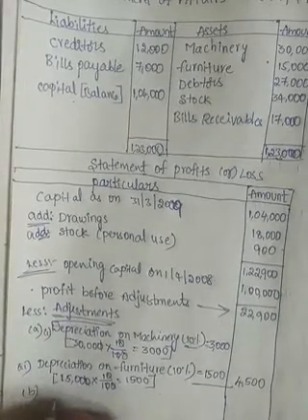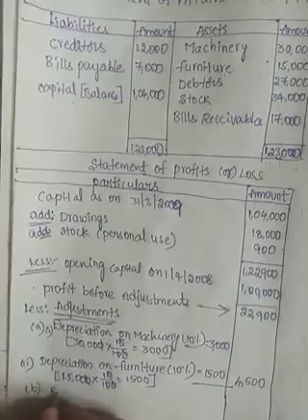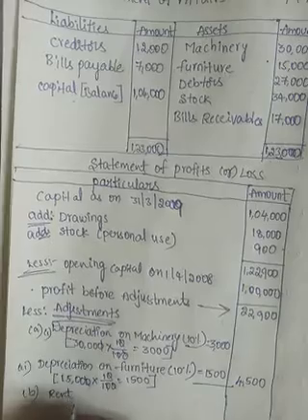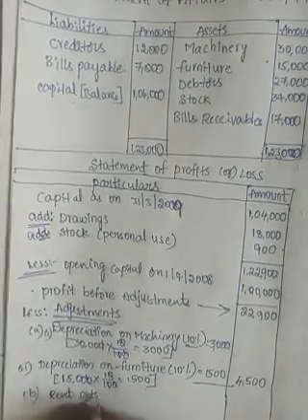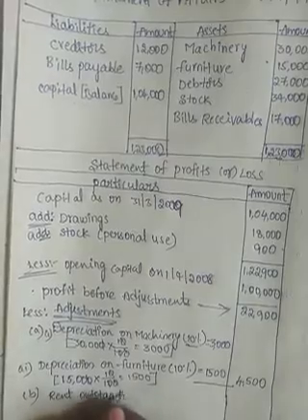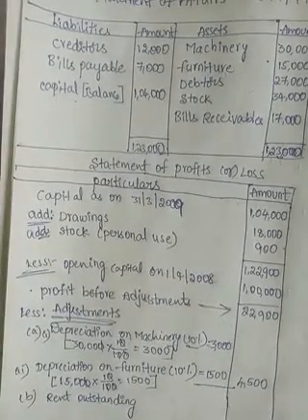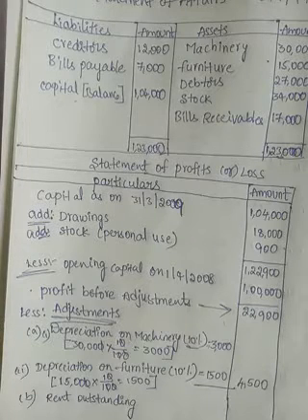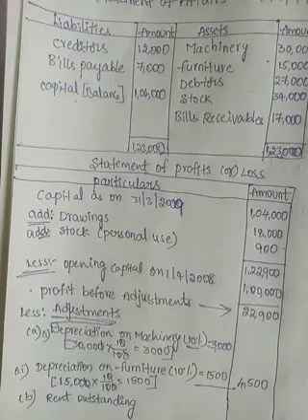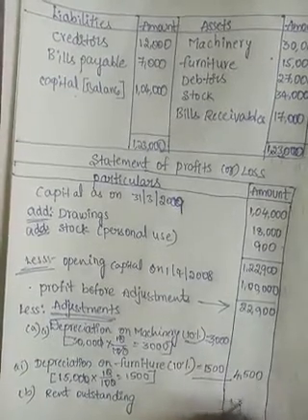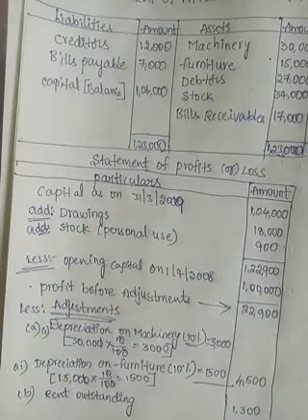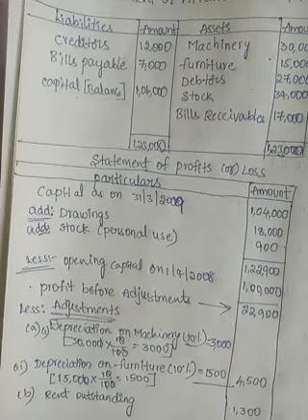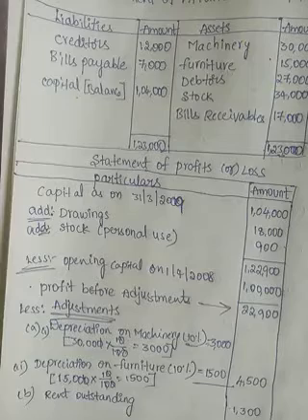The next adjustment is rent outstanding. Rent outstanding is 1,300.